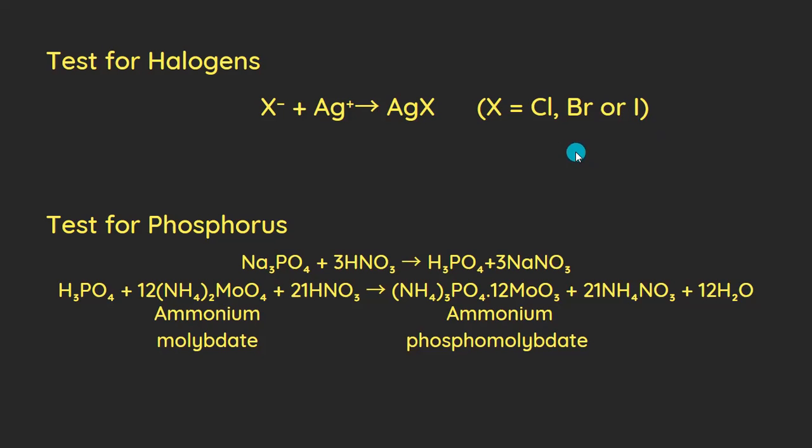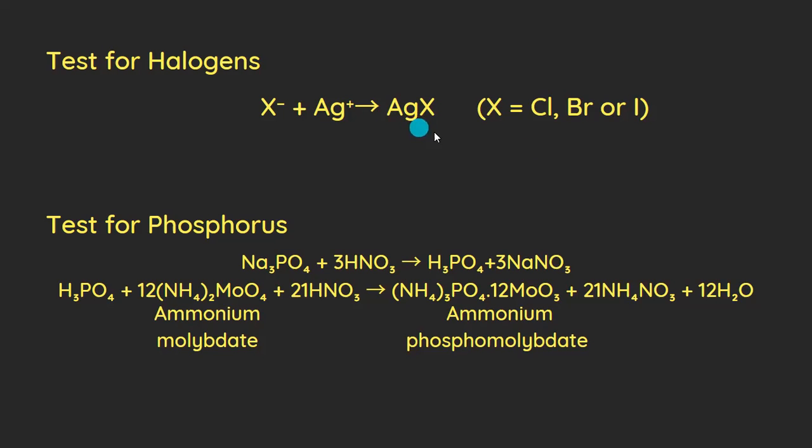So AgCl is a white precipitate, and this precipitate is soluble in ammonium hydroxide, NH4OH, whereas a yellowish precipitate, AgBr, which is only sparingly soluble in NH4OH, shows that bromine is present. And in case of iodine, the AgI is completely insoluble in ammonium hydroxide.